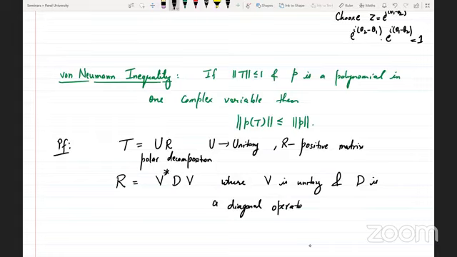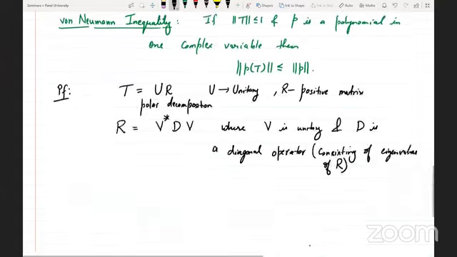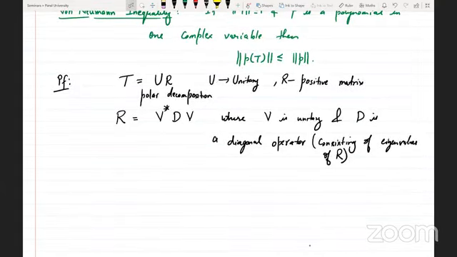What you get on the diagonal of D is the eigenvalues of R. These eigenvalues of R are exactly the singular values of T. So finally, your T is something like this, where D is diagonal consisting of singular values of T.